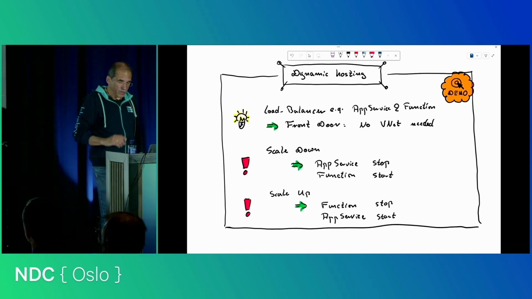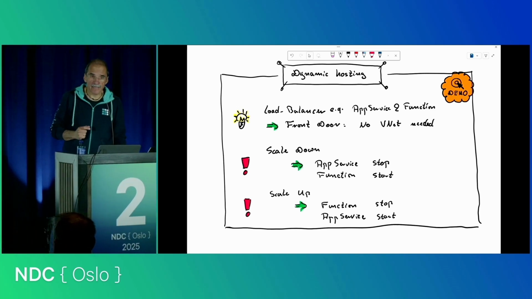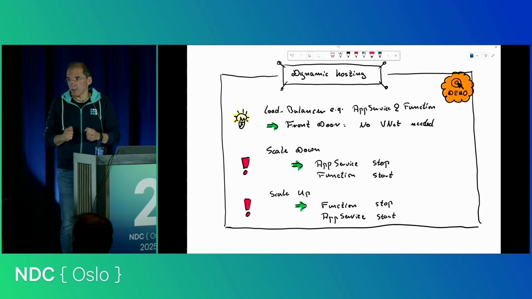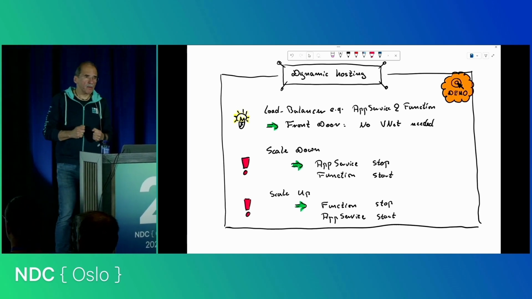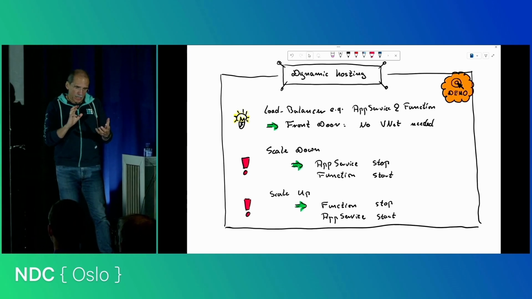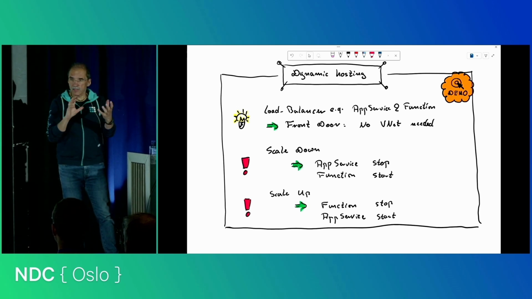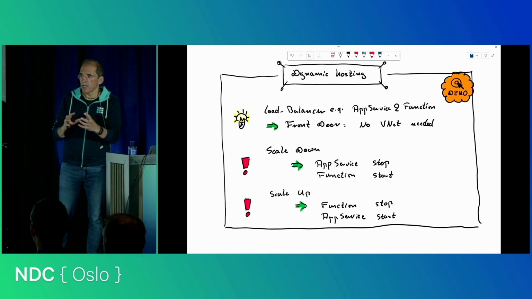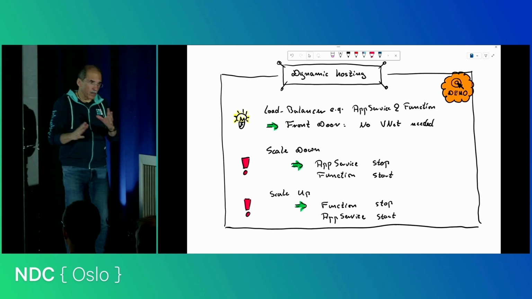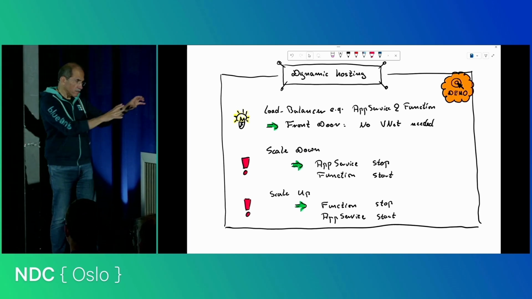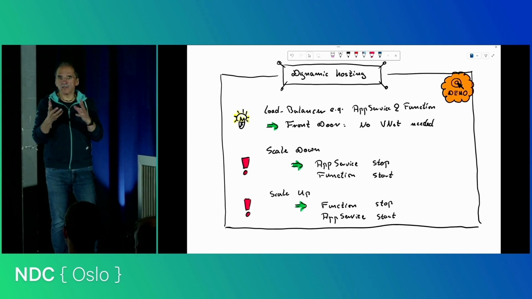And what we can do here is work with a load balancer, because it's difficult to switch the backend stuff. You need some kind of load balancer.